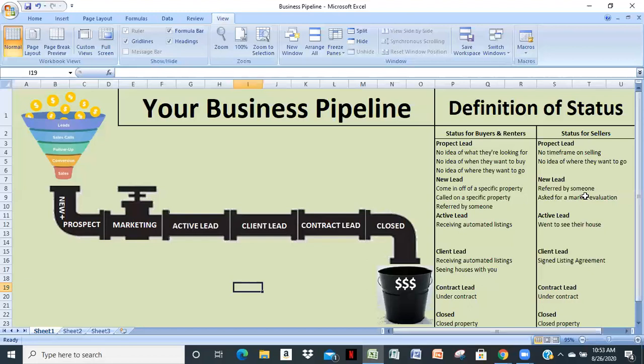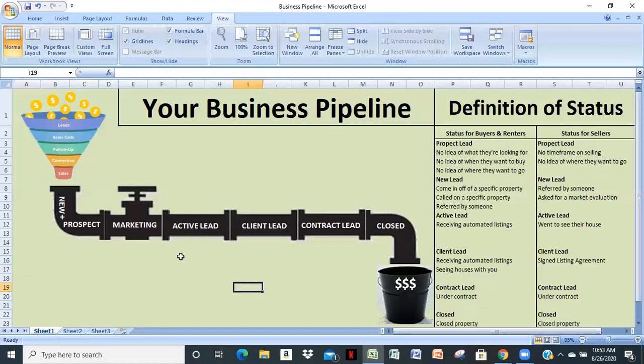They're a little more hot and heavy, okay, because those people are the ones that are interested in what their house is worth. You got to believe that those people are a little more interested in selling than the ones that have no idea or might be thinking of selling when the daughter has a baby. They might want to move to Georgia. Who knows what they're going to do, right? So that's the new lead.